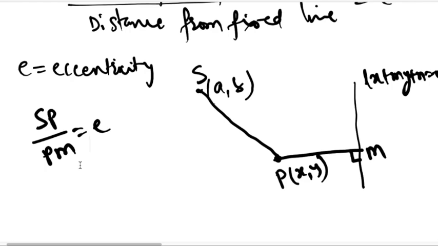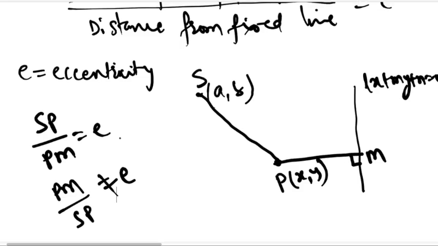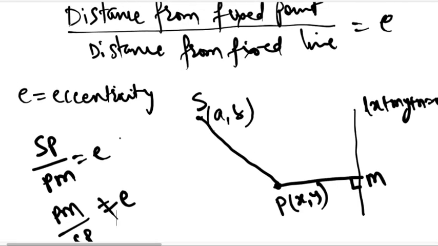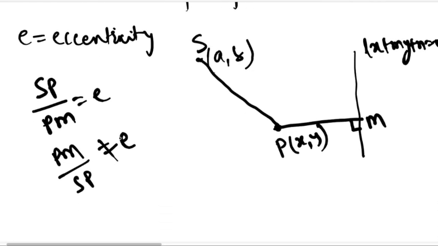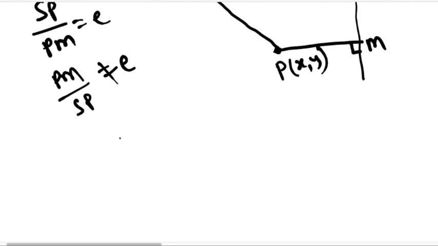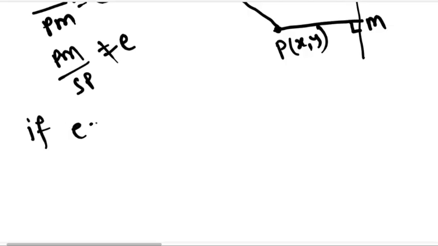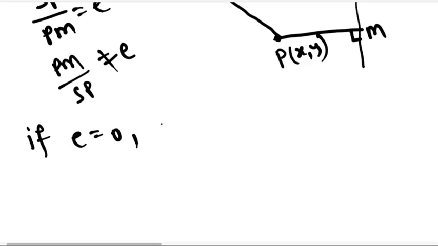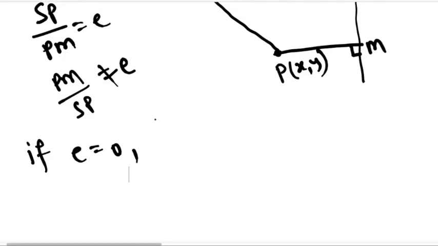One thing we have to keep in mind in this definition is that we do not reverse this ratio. PM by SP is not equal to E. We always take the ratio of the distance from a fixed point to the distance from a fixed line equals E. Now everything is played by E. If E equals 0, the curve this equation will trace is a circle.